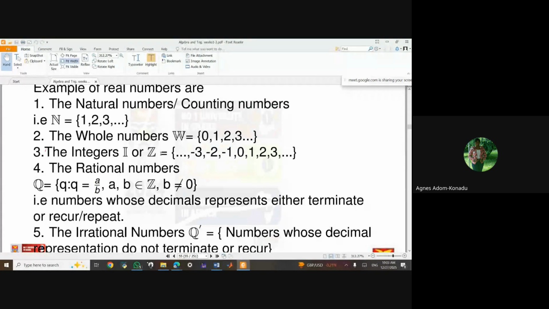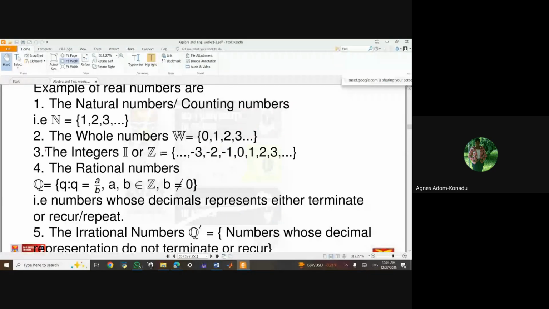We'll get to a point where we will not mention natural numbers in words, but I will just give, maybe in differentiation, a number x in N. It means that the x we are talking about is a natural number. X in W, X in Z, so it's an integer.